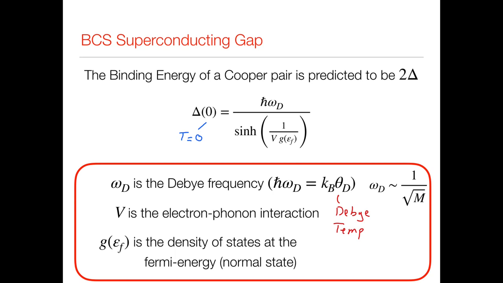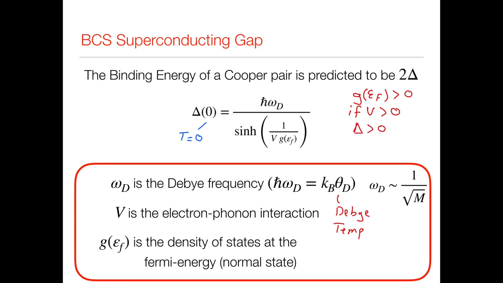What can we see from this? Well, the thing that's interesting perhaps is that g(EF) is by definition positive. So if V is positive, and it doesn't matter how small it is as long as it's positive, delta is positive.